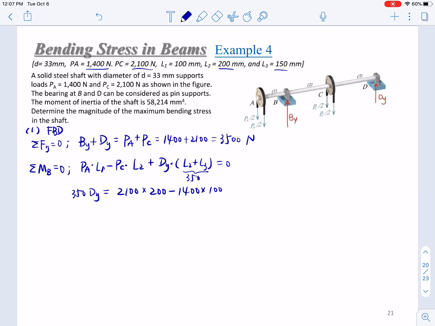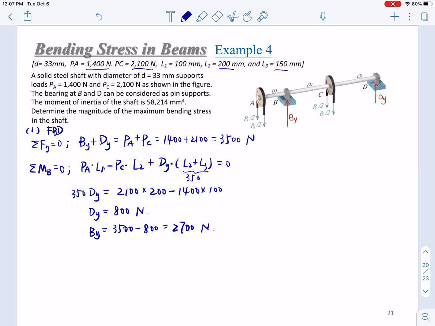Okay, so from this we can derive that Dy equals 800 Newton. Okay, then from the first equation, we can get that By equals 3500 minus 800. That is 2700 Newton.